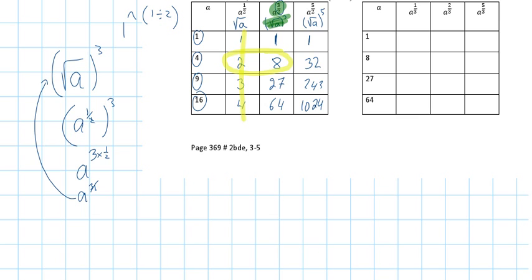So anytime you have a power that's a fraction, the bottom goes into the root. If the bottom is 2, I don't write the square root, that is given to me. And then I raise it to the power of the numerator. There are different ways that you can write this. You can write it like this, or like this. It gives you exactly the same answer.